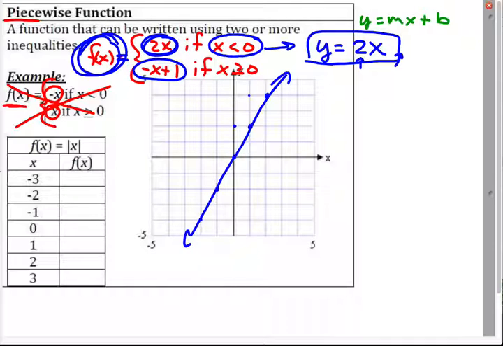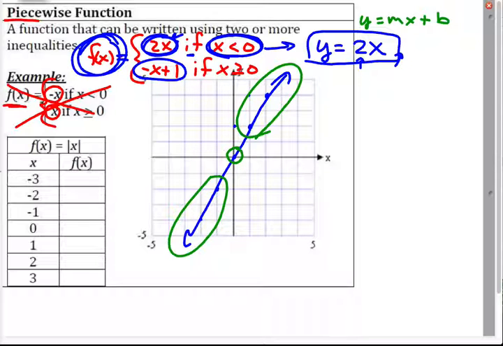Now, I don't want that whole line. I just want a chunk of it. What chunks do I want? I want y equals 2x, if x is less than 0. I only want values of x less than 0. Well, here's 0 right here. Should I take this upper portion of the line or this lower portion of the line? Well, here's where x is going to be negative, and that's where x is going to be less than 0.